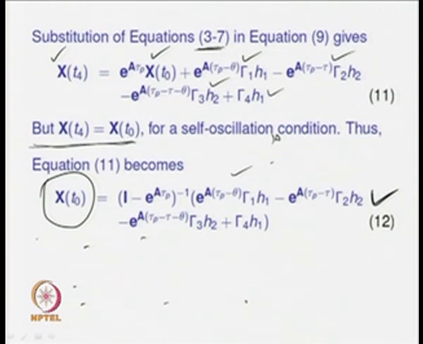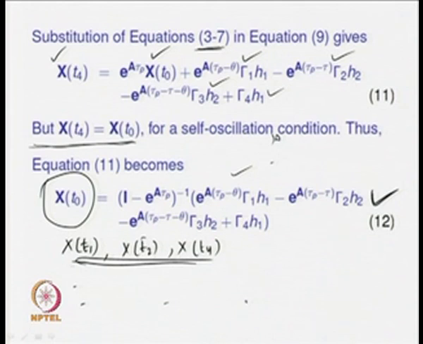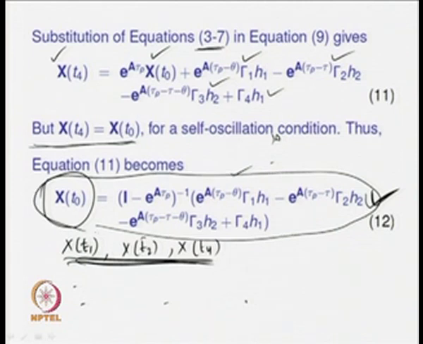Now, once we have found the expression for x(t0), it is not difficult to find expressions for x(t1), x(t2) and x(t4) conveniently. All these state expressions will make use of equation number 12, or will require this analytical expression to find correct expressions for the state variable at any instant of time.